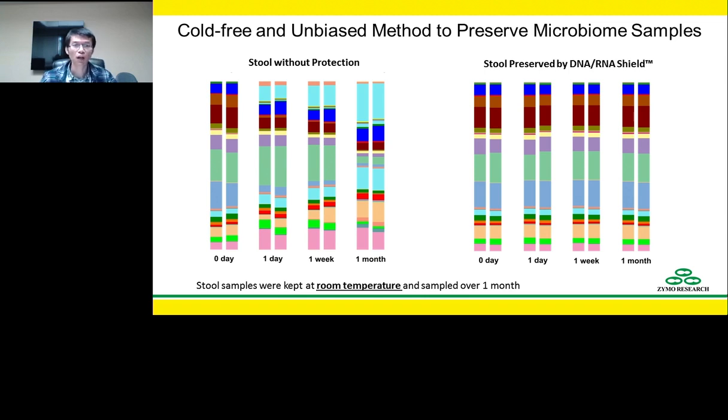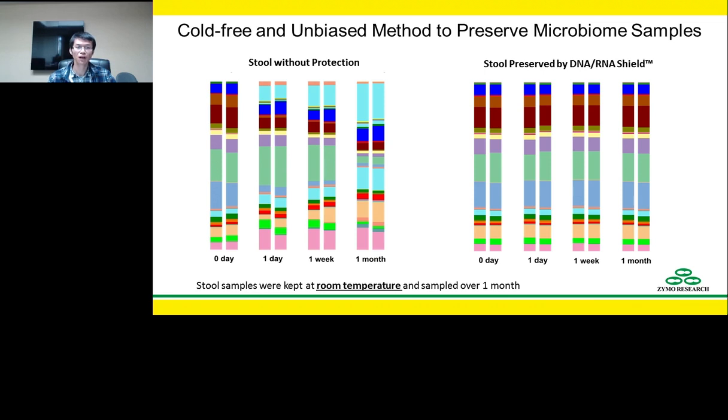A microbial sample can change easily after collection due to undesired microbial growth or nucleic acid degradation, and in many cases, access to refrigeration or freezing is not available. So there's an urgent need for a cold-free and unbiased method to preserve microbiome samples.